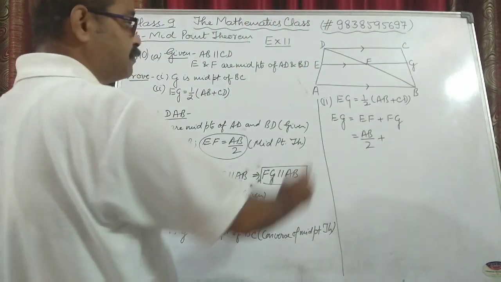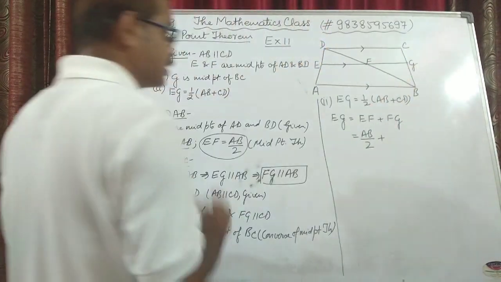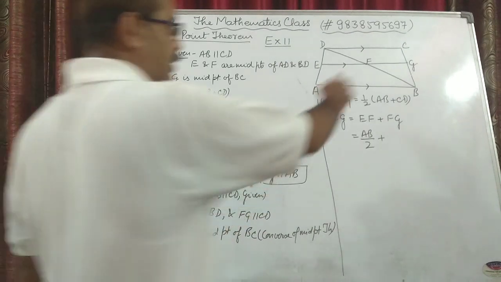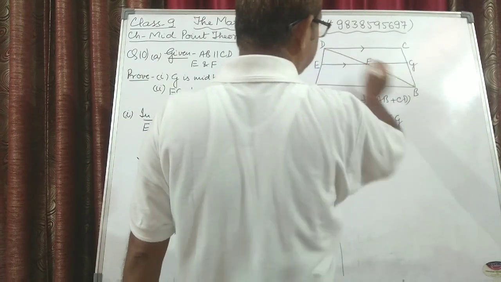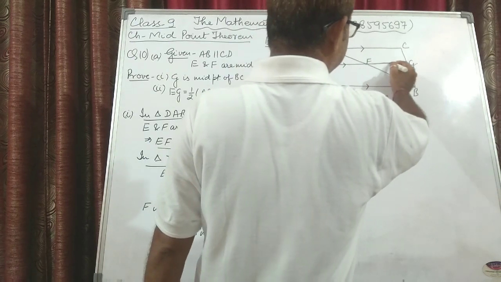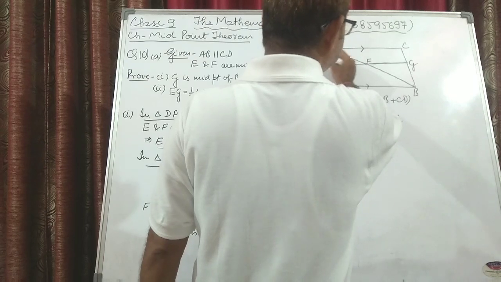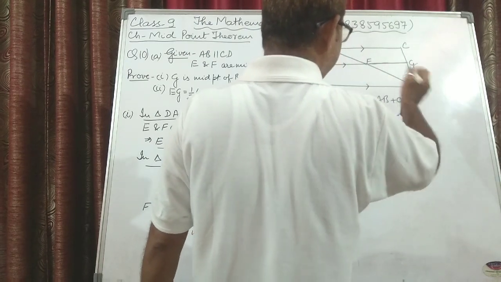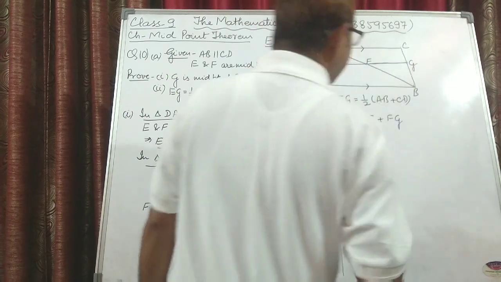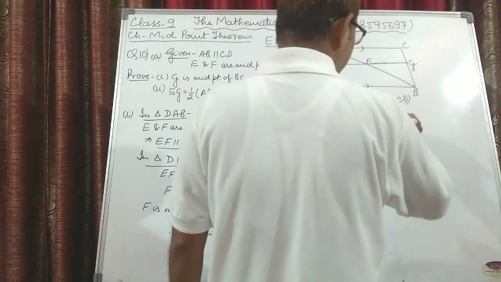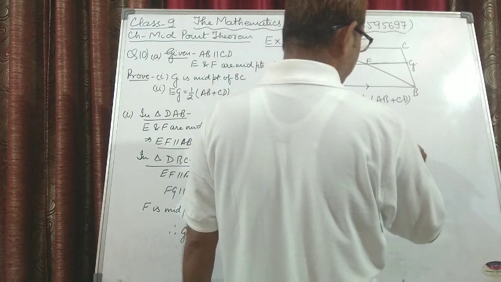Now for FG, F and G are midpoints of DB and CB, therefore FG is parallel to DC and half of DC. So in place of FG we can write DC upon 2.